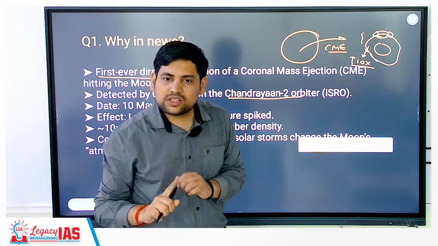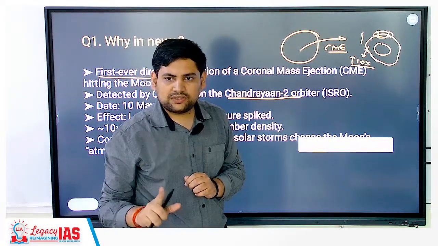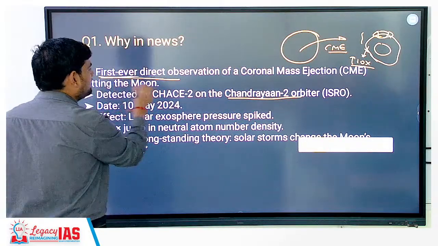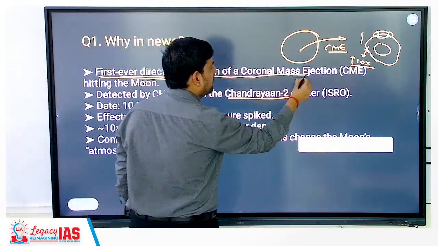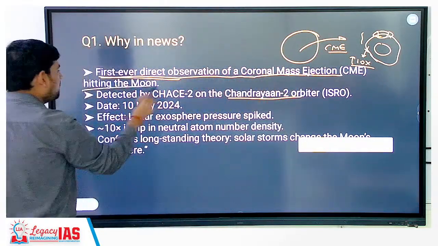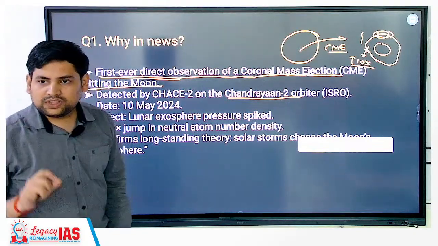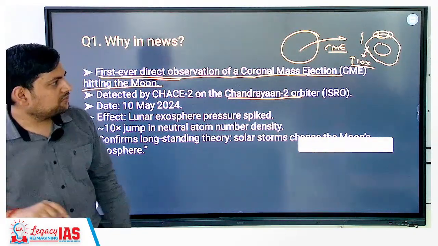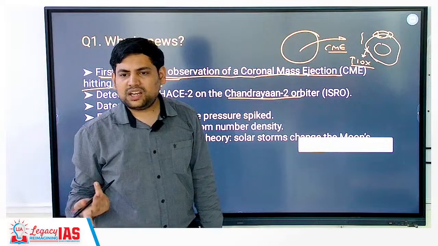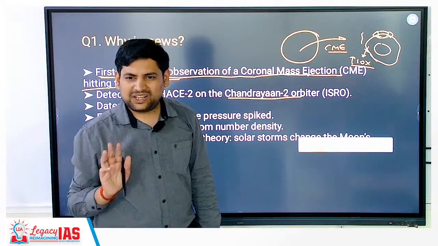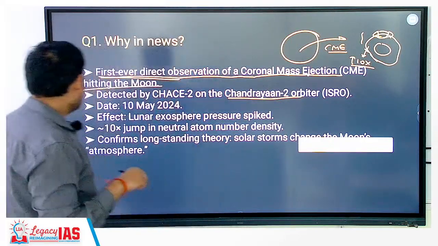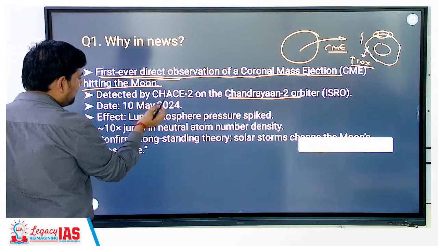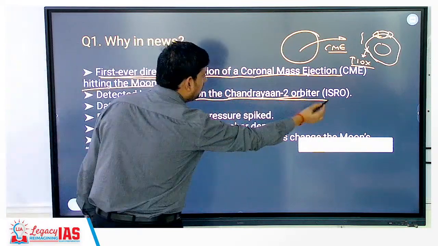This is the first time they have observed this. Basically, this is the first ever direct observation of a coronal mass ejection hitting the moon, because the pressure suddenly increased by 10 times. This was detected by CHACE-2 on the Chandrayaan 2 orbiter.